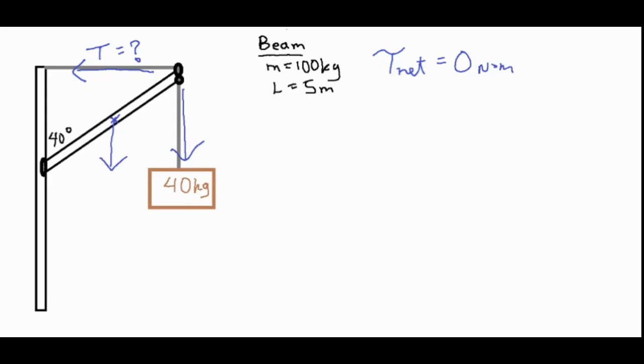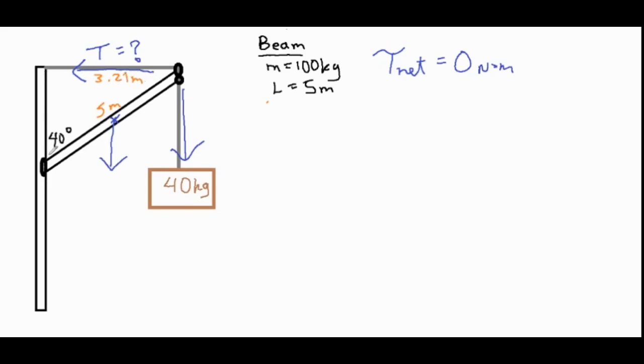Now, what we want to do is find some different distances. So far, we know that the length of the actual beam is 5 meters. So this 5 meters over here is basically the hypotenuse of the triangle. And if we use the sine of 40, we can find this distance up here, which would be 3.21 meters.